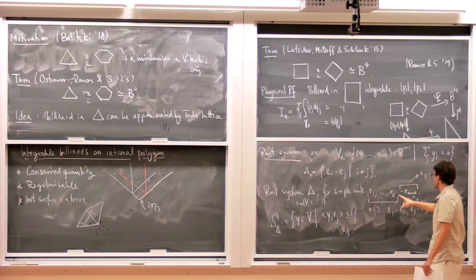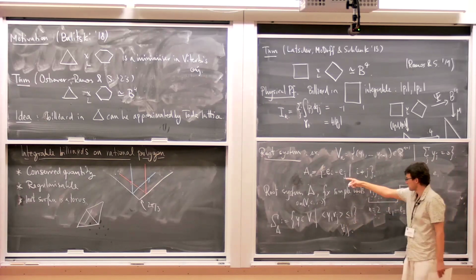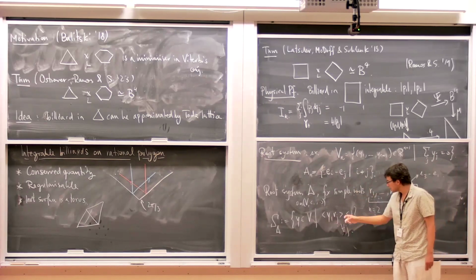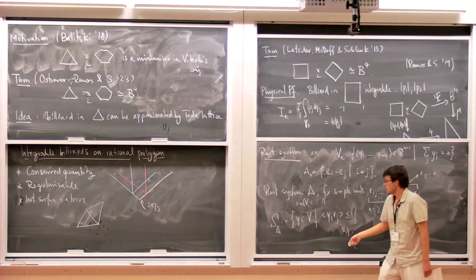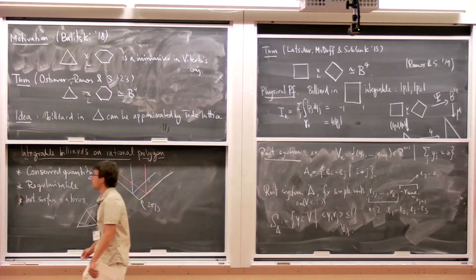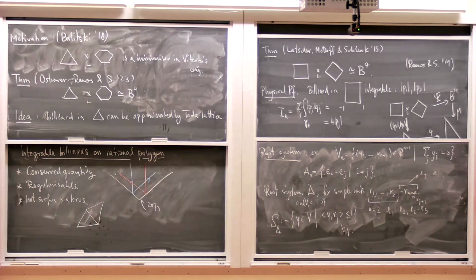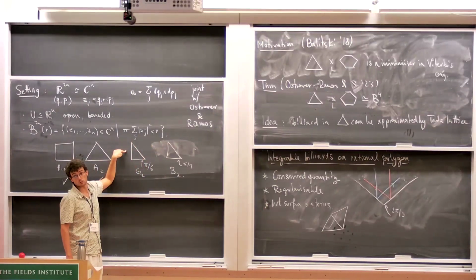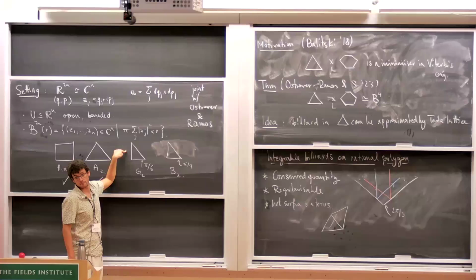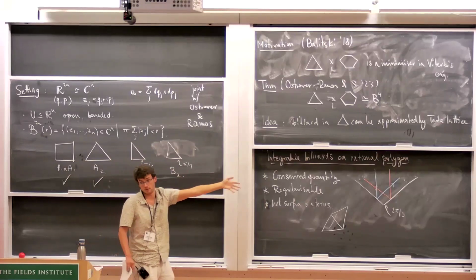I have a bunch of roots, just a bunch of vectors, and I want to find the ones that have inner product at most 1 with all of them. If you do this for A1 times A1, you get the square. If you do this for A2, you get the equilateral triangle. If you do this for B2, you get half of the square. And if you do this for G2, you get half of the equilateral triangle. You can check. But it makes sense for any root system.